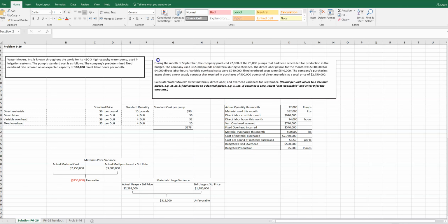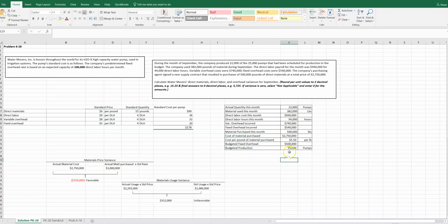And I've taken all the data that's in this little box and I've put it down in a table so I can use it in my equations. Actual production was 22,000 pumps this month. The budgeted production is 25,000 pumps right there.